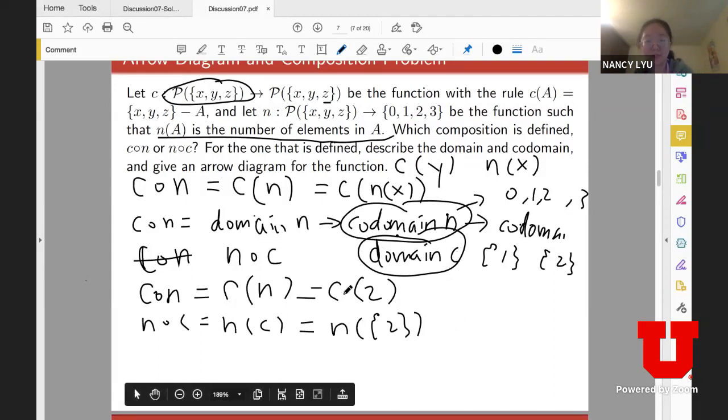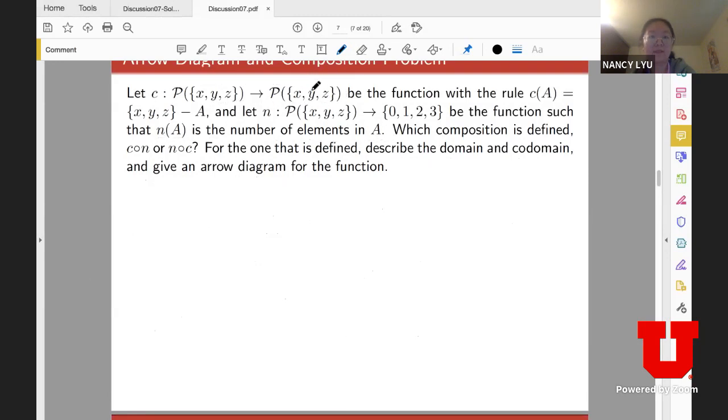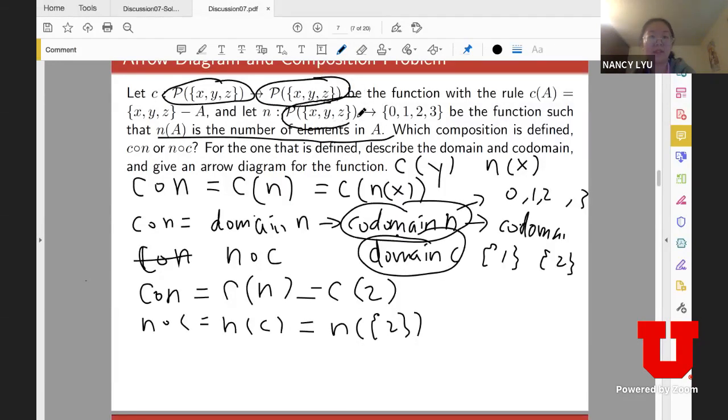So this one is defined, because the codomain of C matches the domain of N.